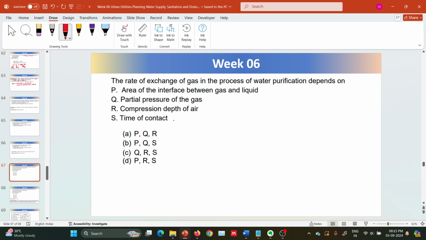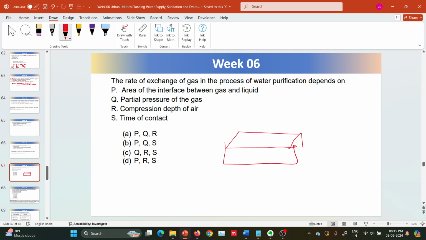The rate of exchange of gas in the process of water purification depends on the area of interface between gas and liquid. Yes, correct. Suppose this is the aeration tank, and this is the surface area.